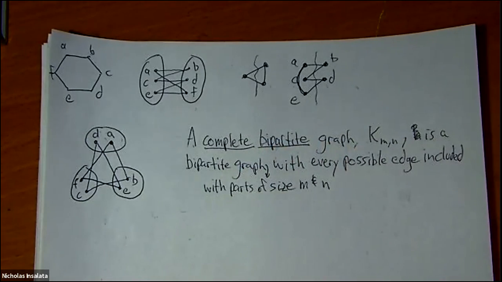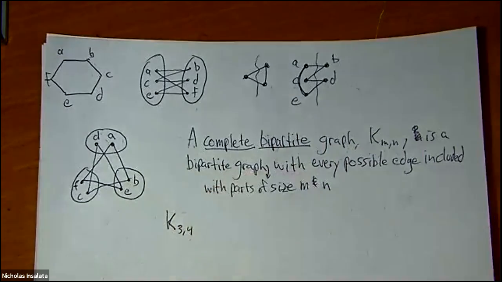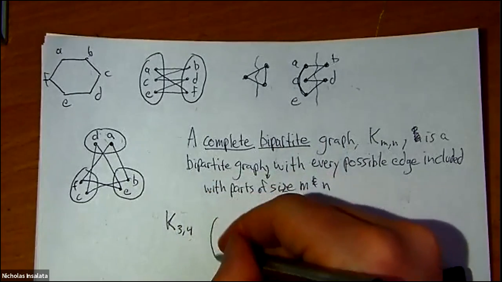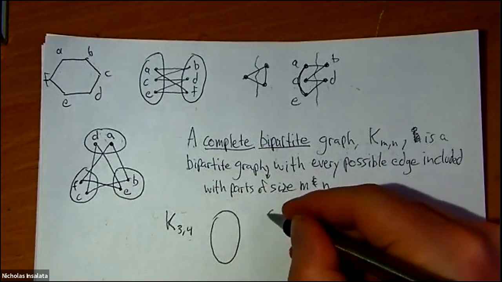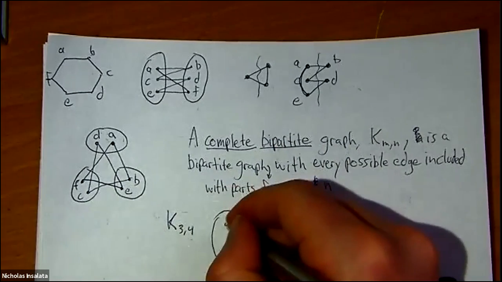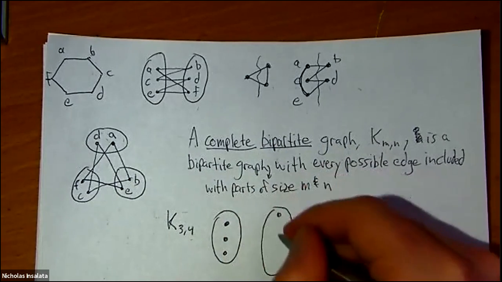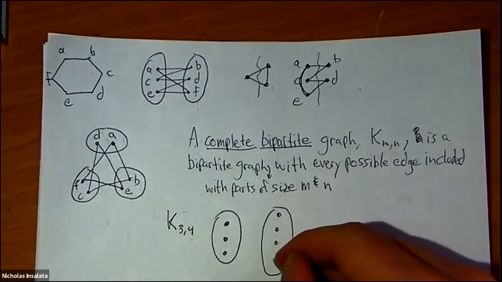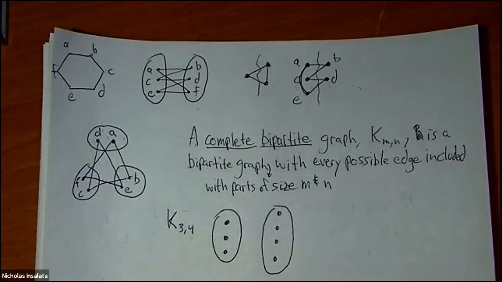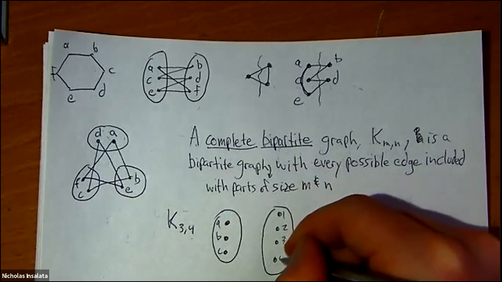So let's do an example, right? So if I wanted to do K_{3,4}, okay, I'm going to have 2 parts. Right? On the left, I'll put 3 vertices. On the right, I'll put 4 vertices. And by the way, they're called vertices, not vertexes. Vertexes is not a word, right? So vertices. And let me label these. So let's call this A, B, and C, and I'll call this 1, 2, 3, and 4, just to keep things easy.